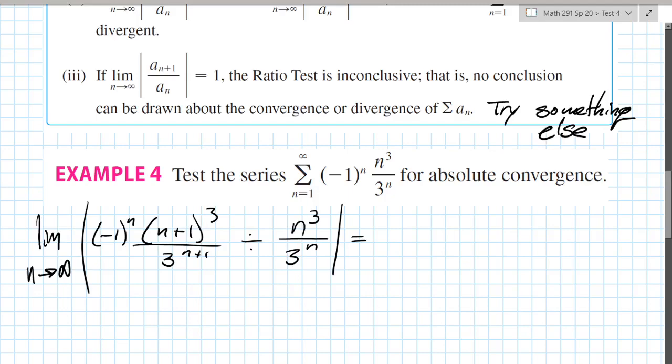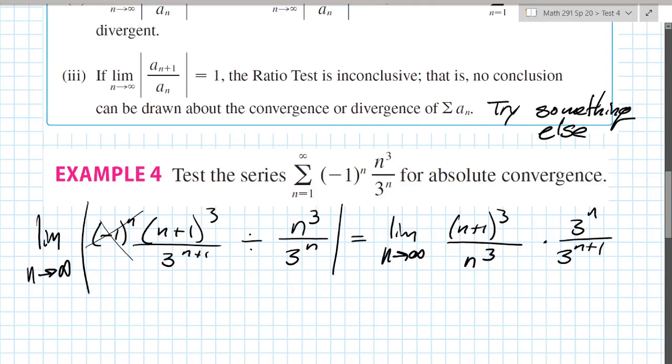So here, our negative 1, like I said previously, the absolute value takes care of this alternating sign. And then we've got the limit as n approaches infinity of n plus 1 cubed over n cubed times 3 to the n over 3 to the n plus 1.